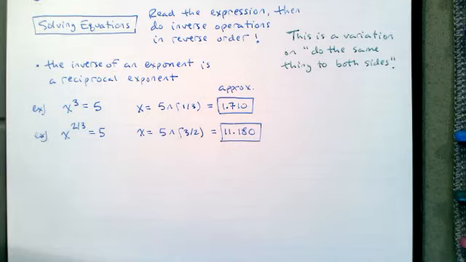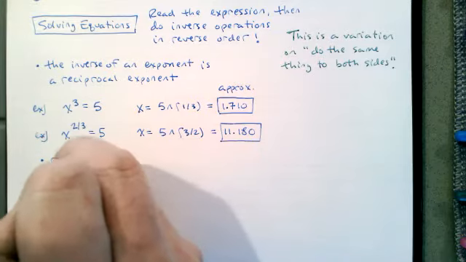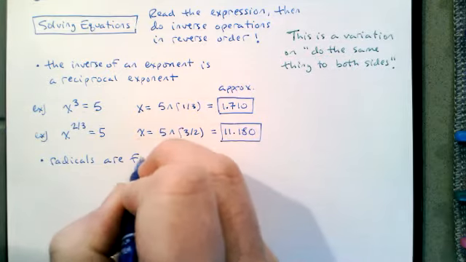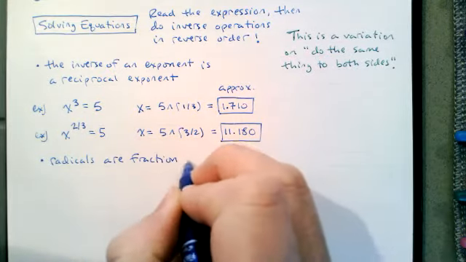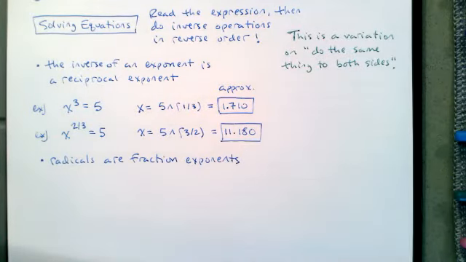So we know that the inverse of an exponent is a reciprocal exponent, and then we also want to add our fraction exponents. So radicals are fraction exponents. This is where we read the index of the radical as the denominator of the exponent.